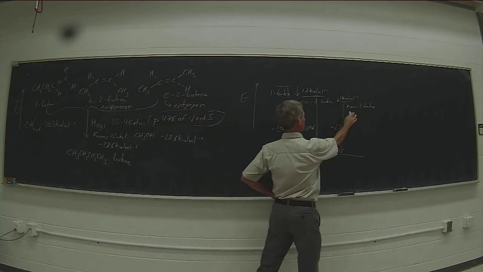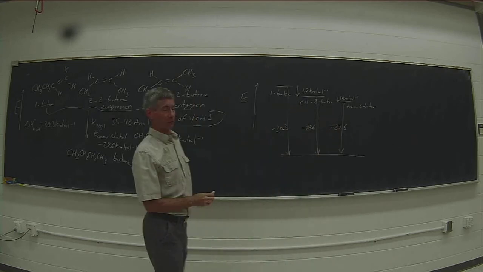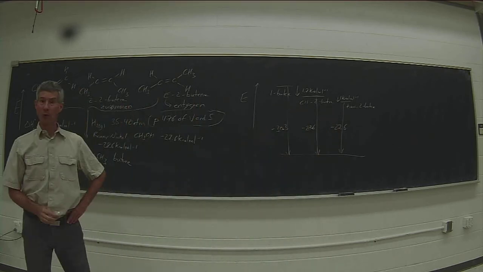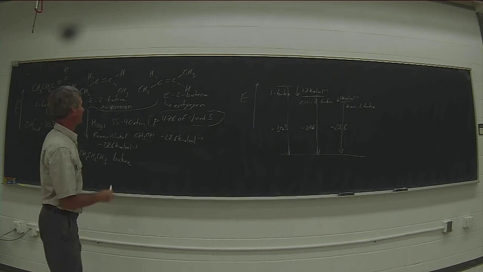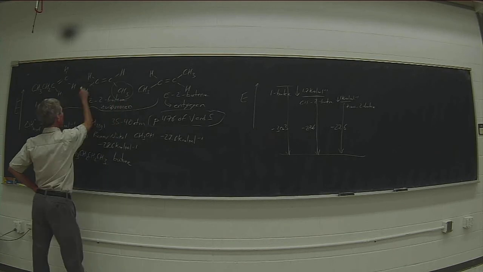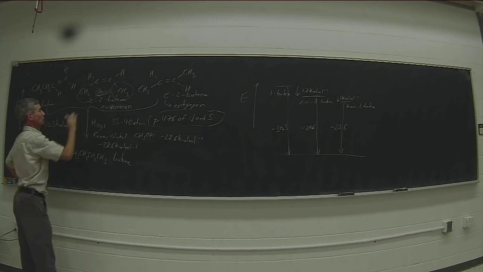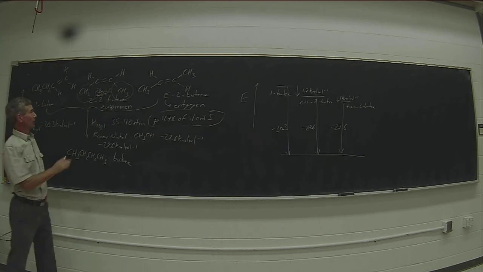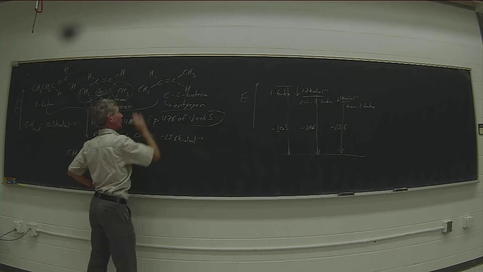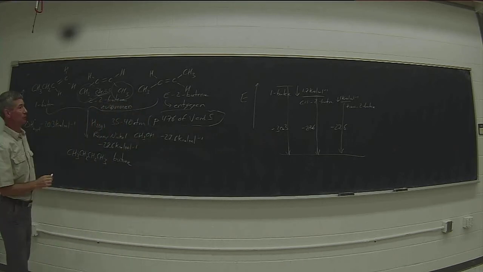This tells us that trans-2-butene starts off 1 kilocalorie per mole more stable than cis-2-butene, and that can be accounted for by the steric hindrance of these two methyl groups interacting with each other on the same side of the molecule, where there's no steric hindrance in the E2-butene.